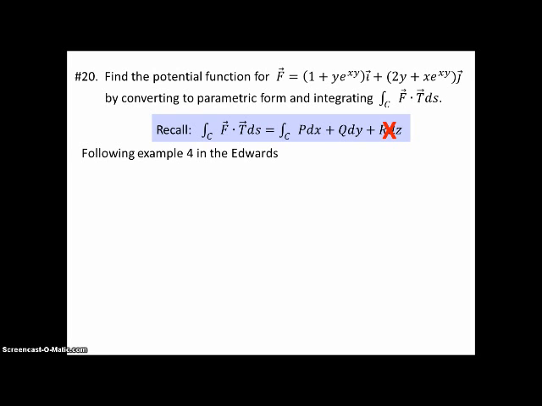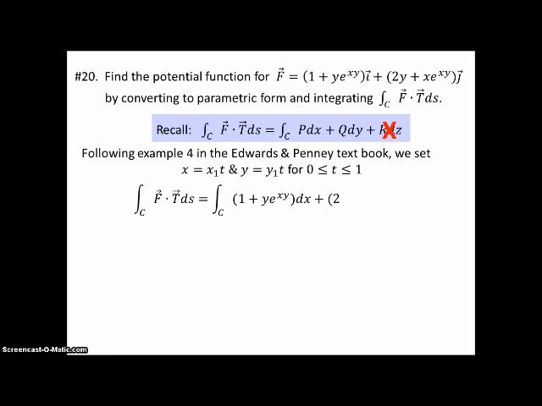So, following example 4 in the Edwards and Penney textbook, we set x equal to x1 t and y equal to y1 t for t going from 0 to 1, because we want to be able to do this for any curve, and so the endpoints would be determined by x1 and y1.